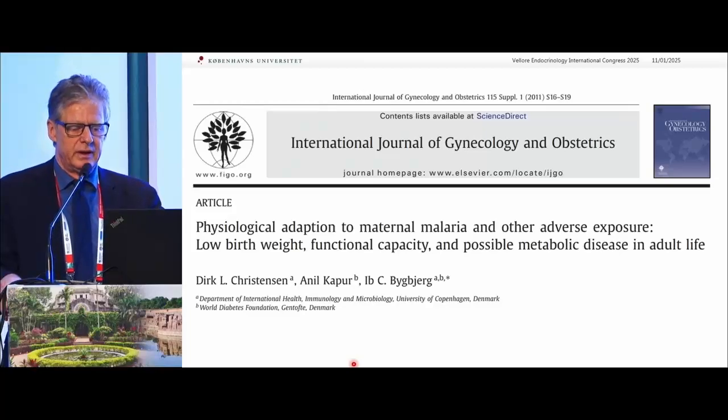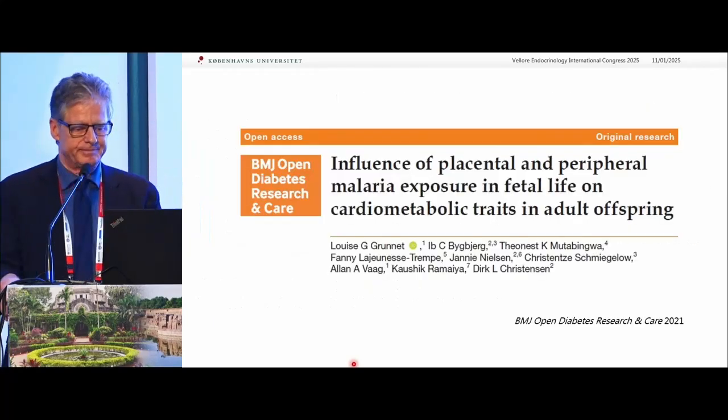Before, we published a paper on the background where we argued that this could actually have an effect on the metabolic consequences if the offspring was exposed to placental malaria. The first paper we published on this came out a few years ago.